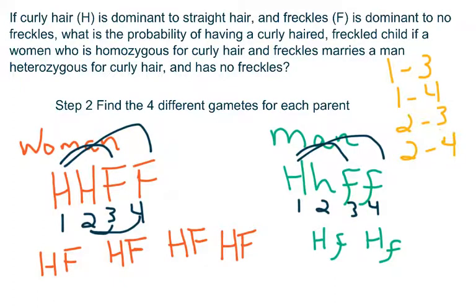Then 2 and 3 are going to go together: lowercase h, lowercase f. And then the same thing, 2 and 4. I'm just going to write real small here. Okay, I'm running out of room here, sorry. All right, so notice he has 2 different gametes.